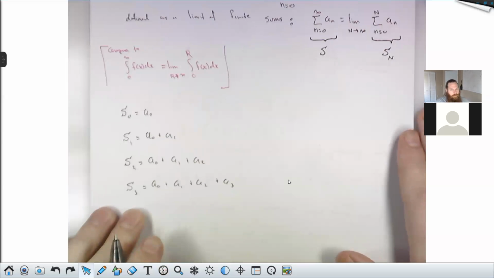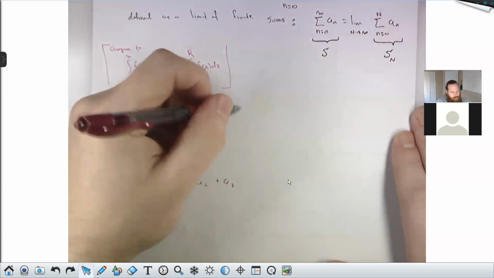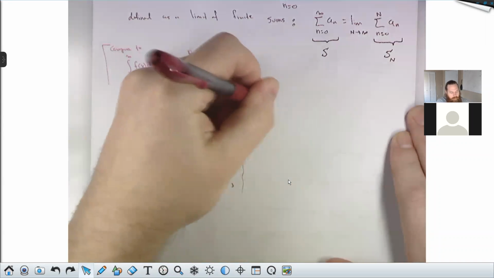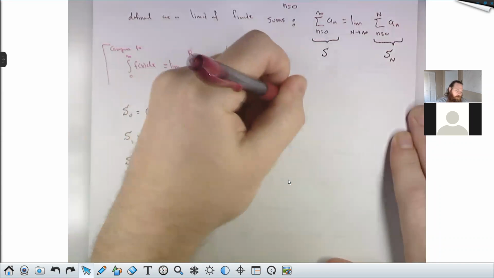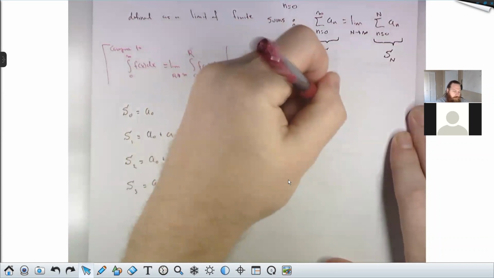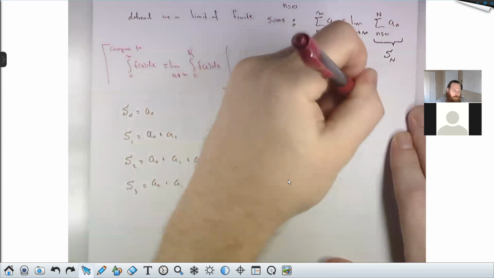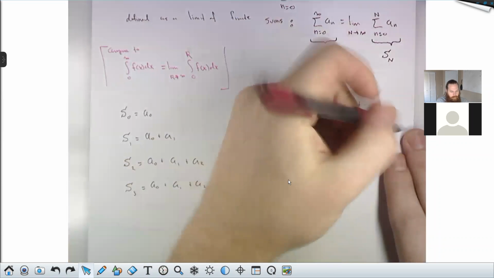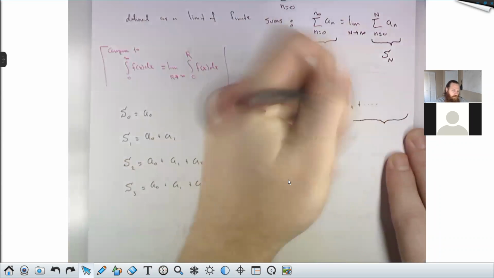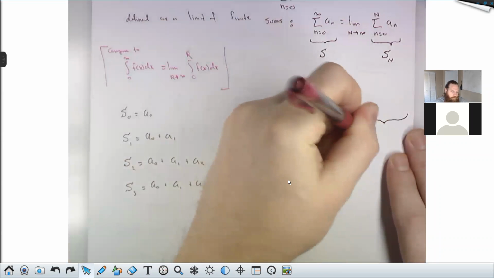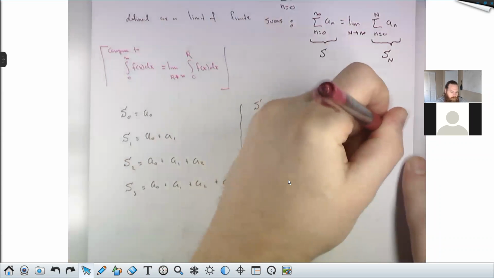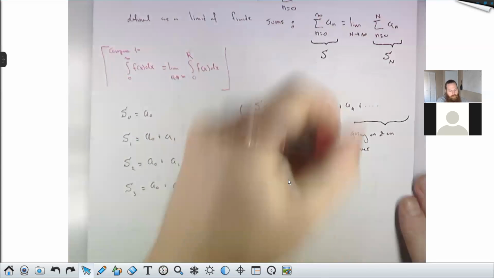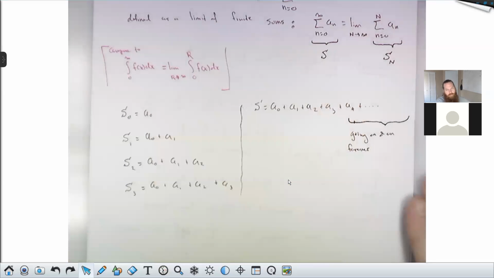And remember the trick here, we're trying to understand capital S without any subscripts, this guy, which is supposed to be the infinite sum, A0 plus A1 plus A2 plus A3 plus A4 plus and on and on and on forever. Right, that's what we're trying to define here.